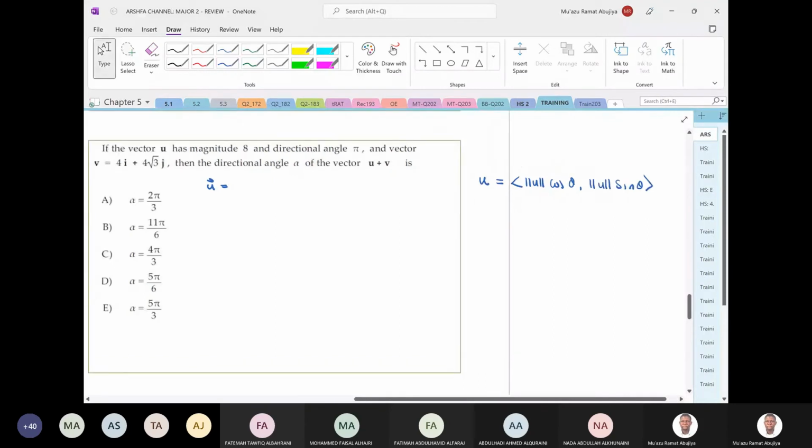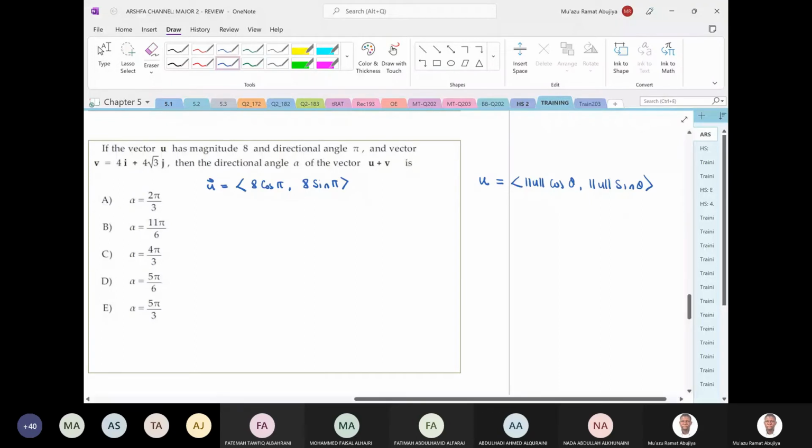So here we say this is going to be equal to the magnitude of u. The magnitude of u is 8. So this is going to be 8 multiplied by cosine of pi, comma, 8 multiplied by the sine of the directional angle.